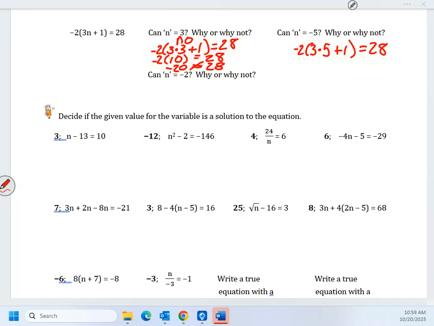Oops, I made a mistake. What mistake did I make? Joe? Not 5, it's -5. So be careful. I went back and I was checking my work and I found that mistake. Always check to make sure that you are writing things correctly.